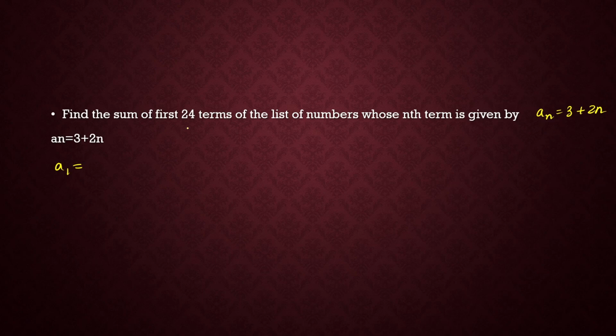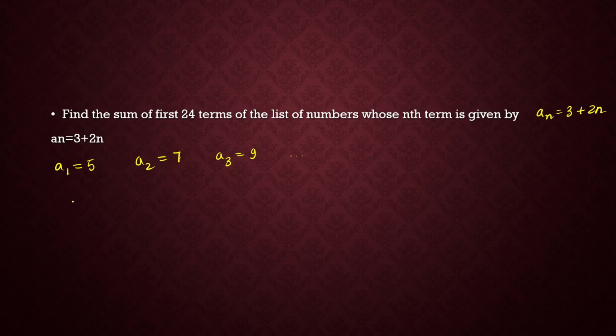Substituting n equal to 1, you get a1 is equal to 3 plus 2, which is 5. a2 is equal to 3 plus 2 into 2, that is 3 plus 4, which is 7. a3 is equal to 3 plus 2 into 3, that is 6 plus 3, which is 9, and it goes on.